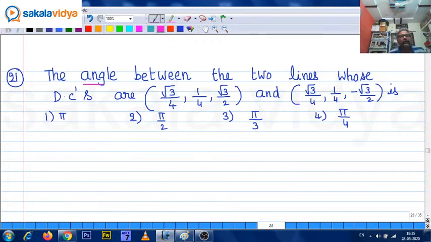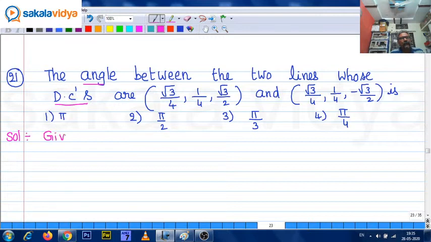The angle between the two lines whose DCs are √3 by 4, 1 by 4, √3 by 2 and √3 by 4, 1 by 4, minus √3 by 2.